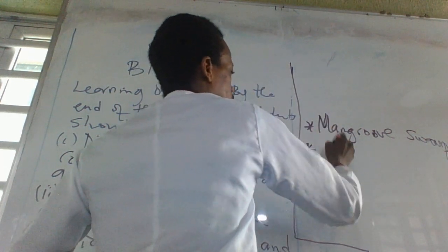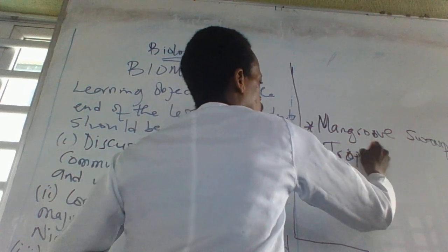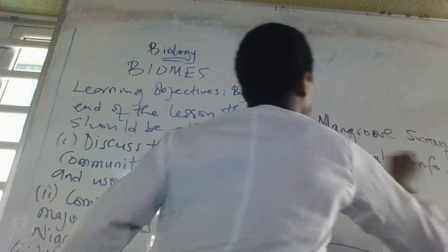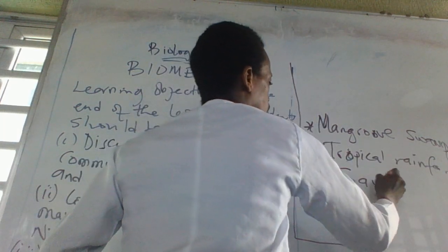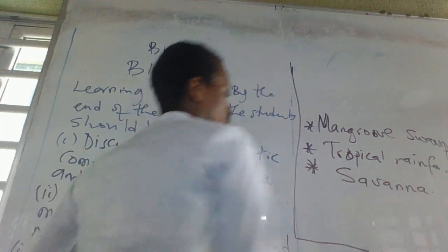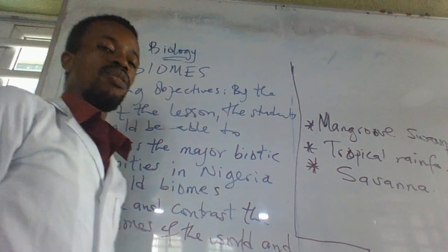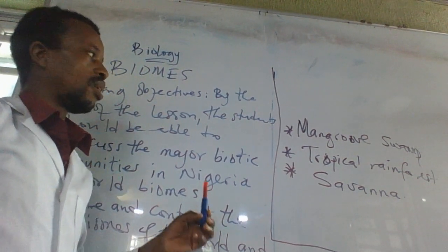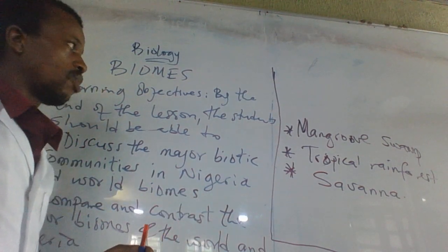Second is tropical rainforest, and the third one is savanna. So considering these three, we have the tropical rainforest, the swamp, and the savanna. I'll pick the first one.